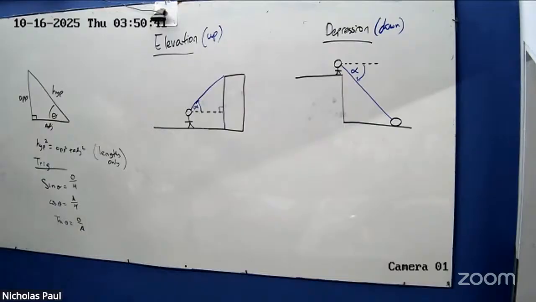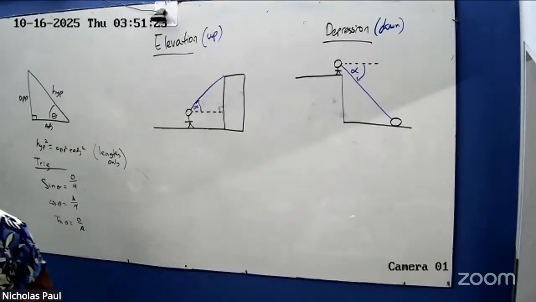Sam is looking at an angle of elevation of 40 degrees to the top of a building.